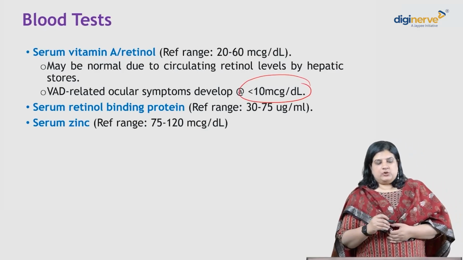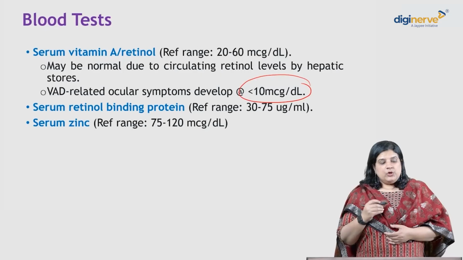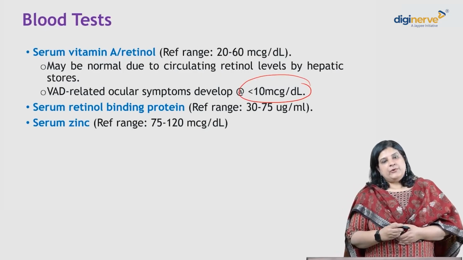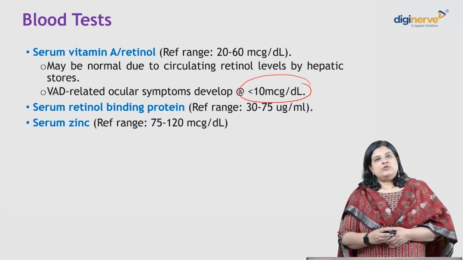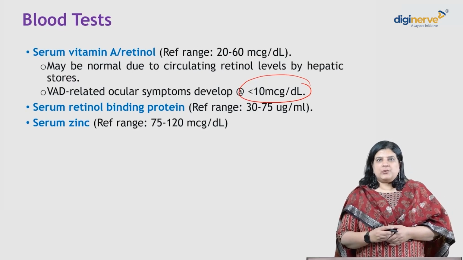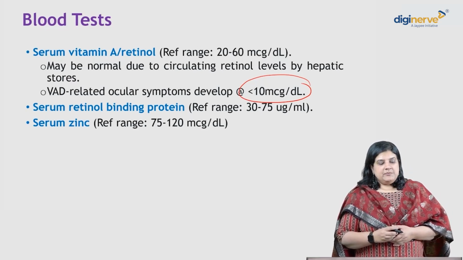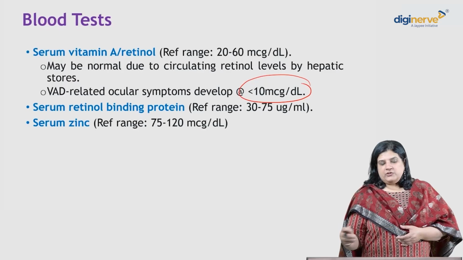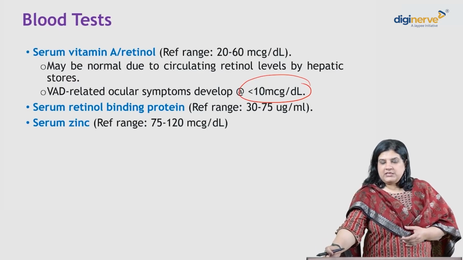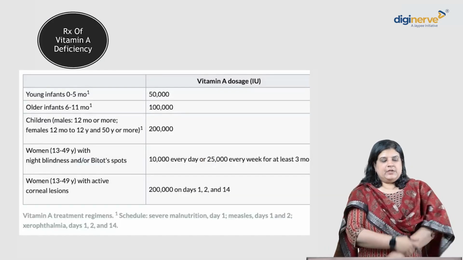Now, this is important to remember. You can also get a serum retinol binding protein done, the reference range of which is about 30 to 75 micrograms per milliliter, and serum zinc done, where the reference range is about 75 to 120 micrograms per deciliter.